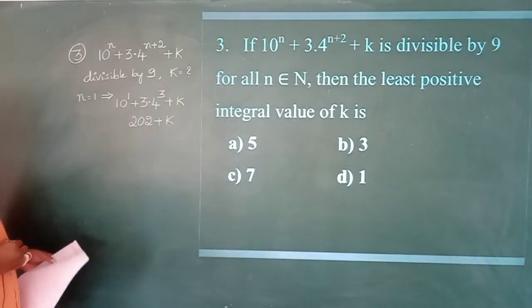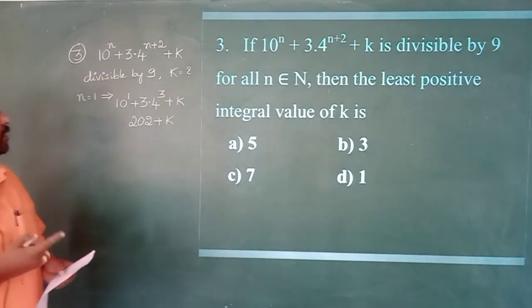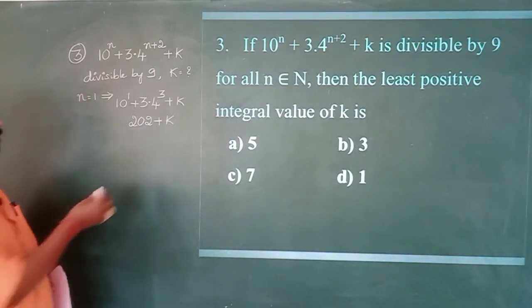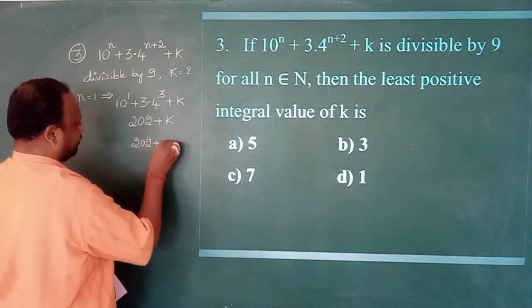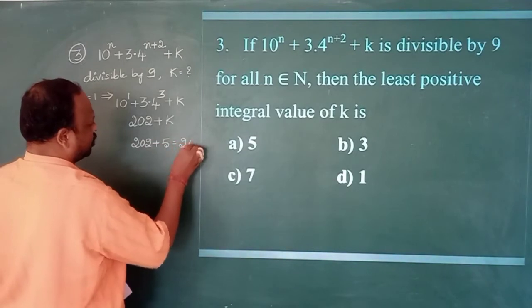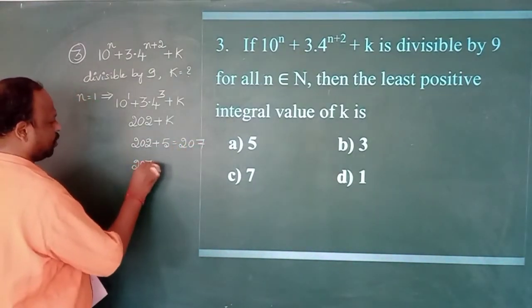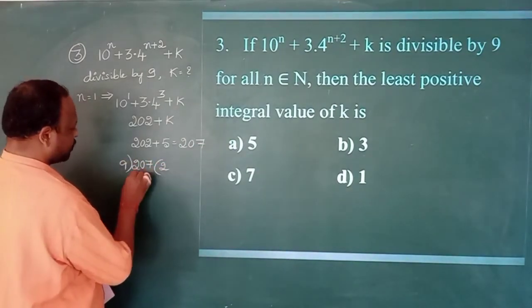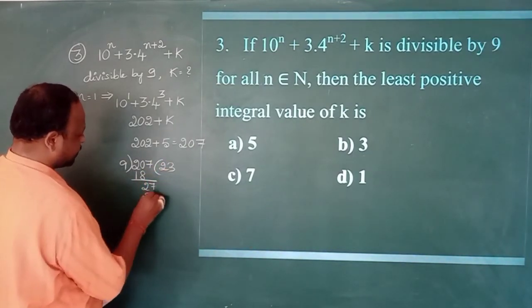So here, what is the least value of k if you add to 202, which is divisible by 9? If you add 202 plus 5, that is equal to 207. So 207 is always divisible by 9. 9 3s are 27.